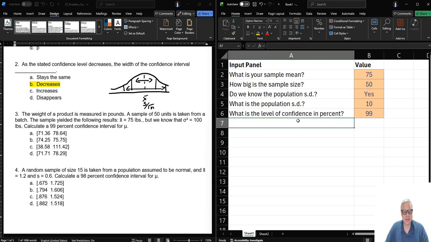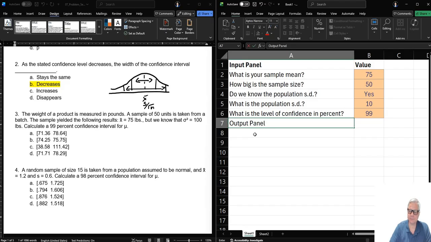Okay, I think this is everything that we need. So we have the sample mean, the standard deviation, the n, whether the population standard deviation is known or not, and the level of confidence. So now we can move to the output panel where we present the results.